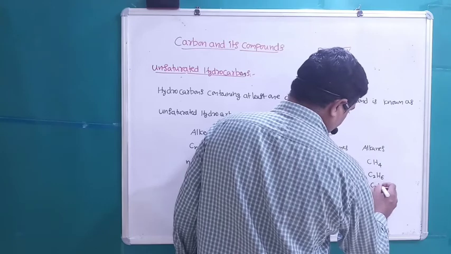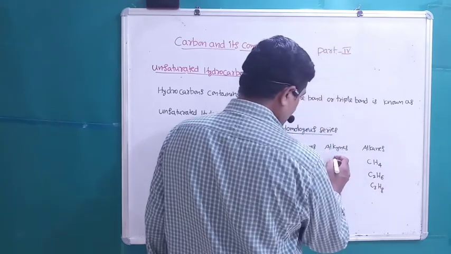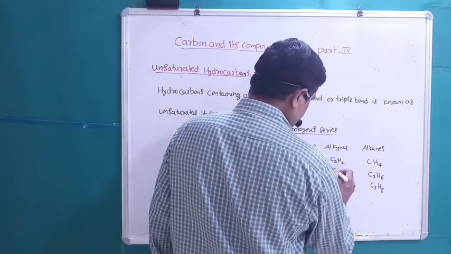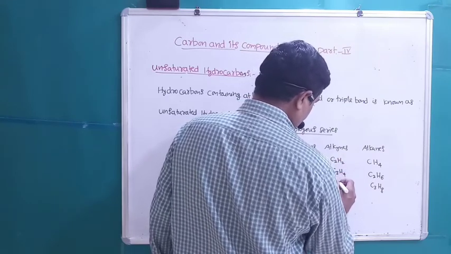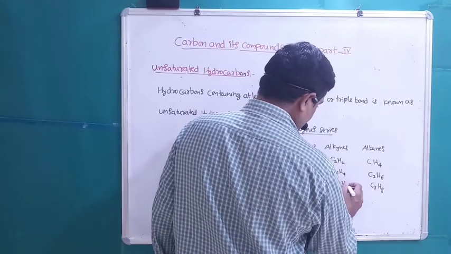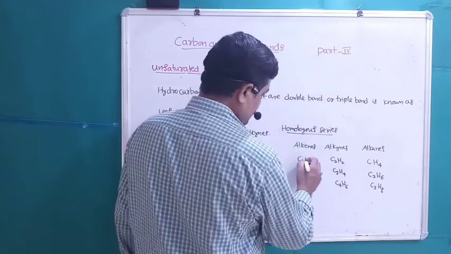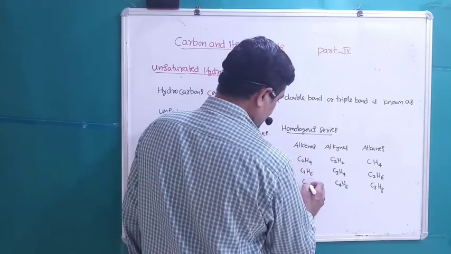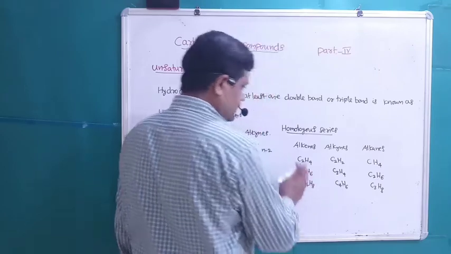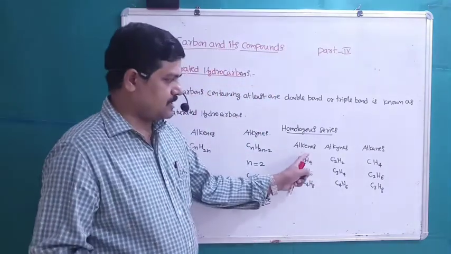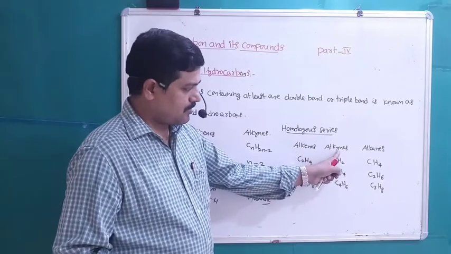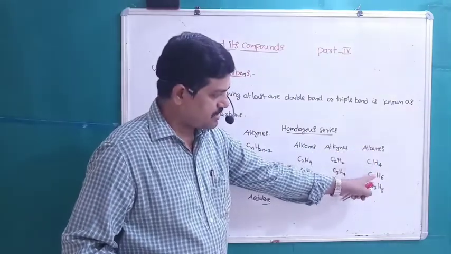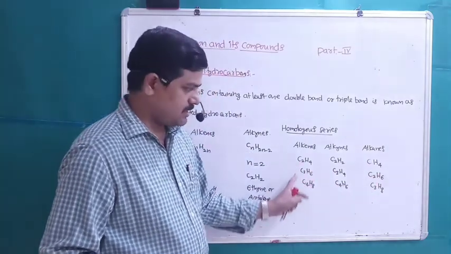Next C3H8. Right? Here you will get for alkynes C2H2. Then C3H4. Right? C4H6. Here C2H4, C3H6, C4H8, like this it will come. This is the first member of alkene, first member of alkynes, first member of alkanes, right? CH4, C2H6, C3H8, like that it will come, right?